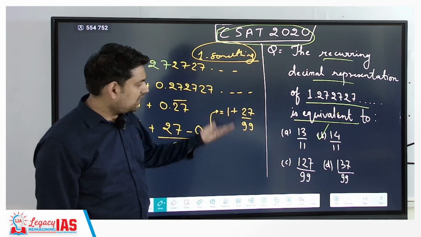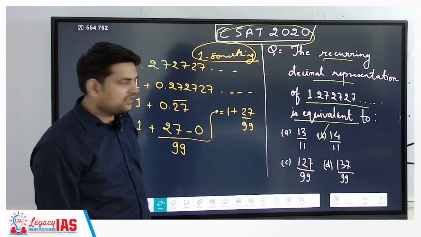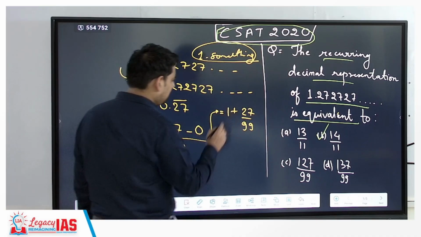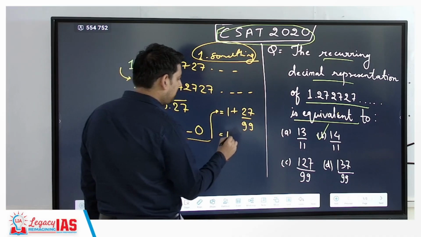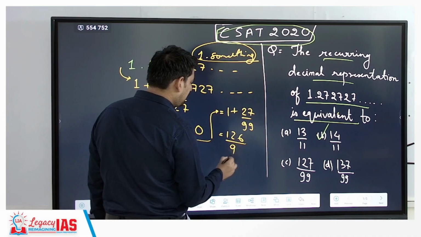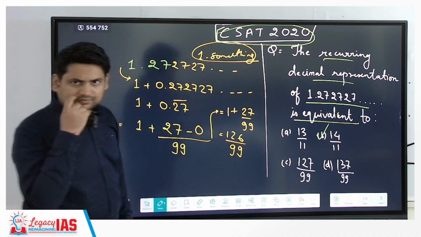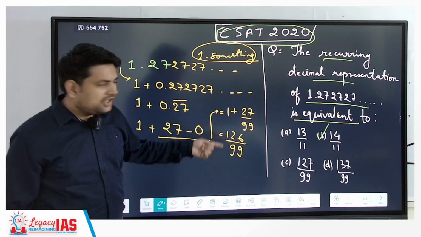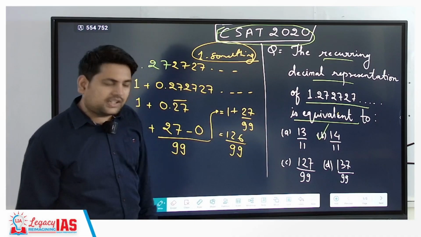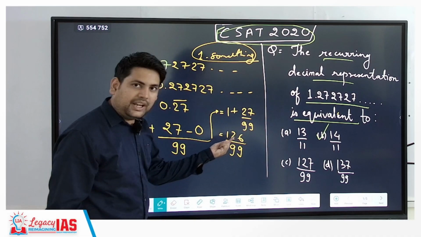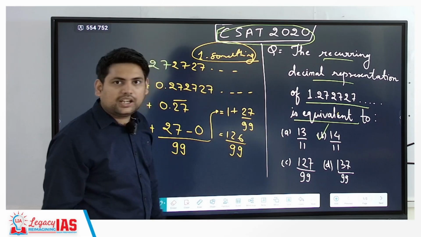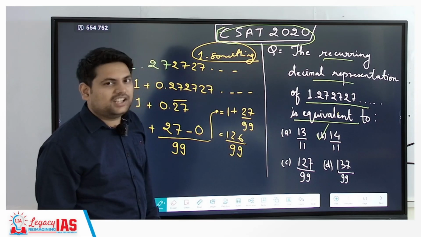Correct? Now you can simplify it. 99 plus 27 will make 126 by 99. Correct? Now, can you see any common factor? See, 6 plus 2 is 8, 8 plus 1 is 9. 9 plus 9 is 18. So both are divisible by 9.